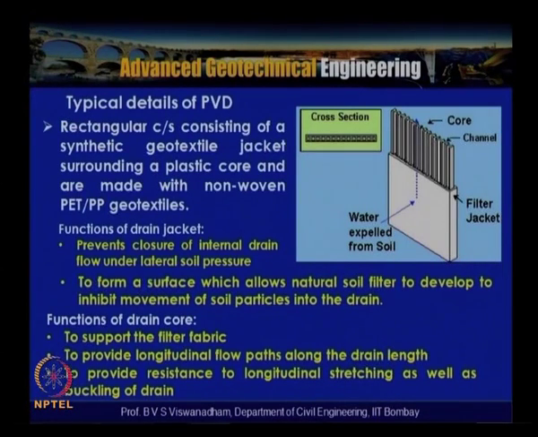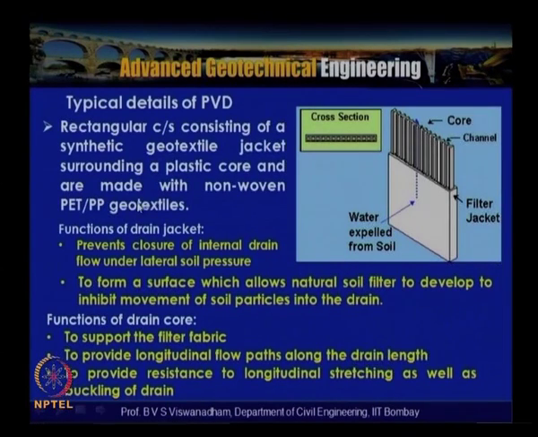If you look into the functions of the drain jacket or filter jacket which is surrounding this plastic core, it prevents the closure of the internal drain flow under lateral soil pressure.